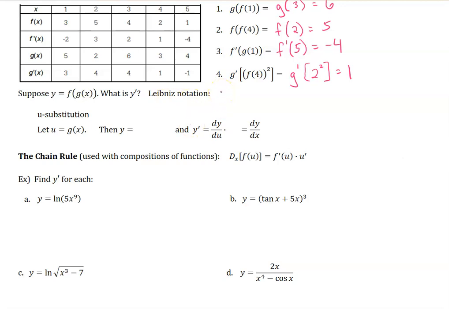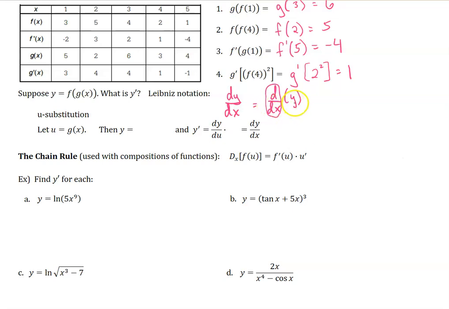I mentioned this in the 2.1 and 2 notes, but Leibniz notation for a derivative is dy over dx, or really what we're looking at is an operation of d over dx applied onto a function y. So this d over dx all together as one expression means derivative with respect to x.